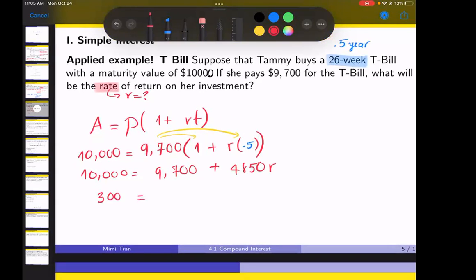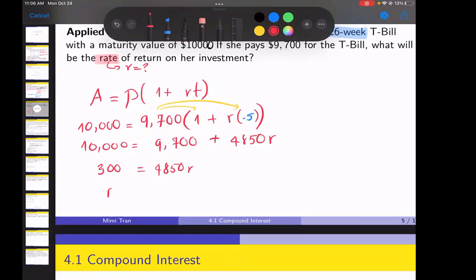So 300 equals 4,850 R. Divide both sides by 4,850. What do you have? I have 0.0619 when rounded to 4 decimal places.